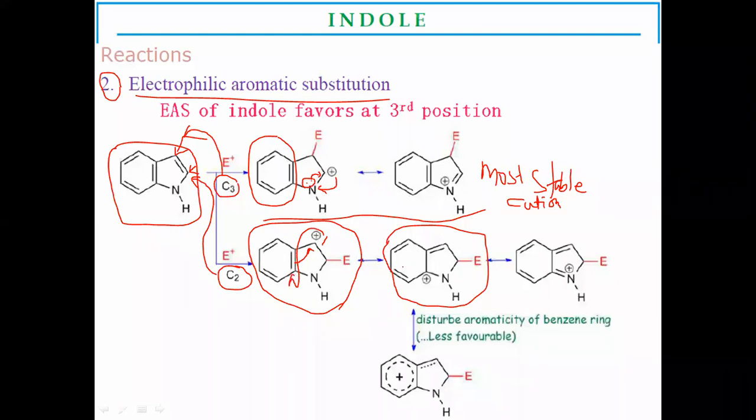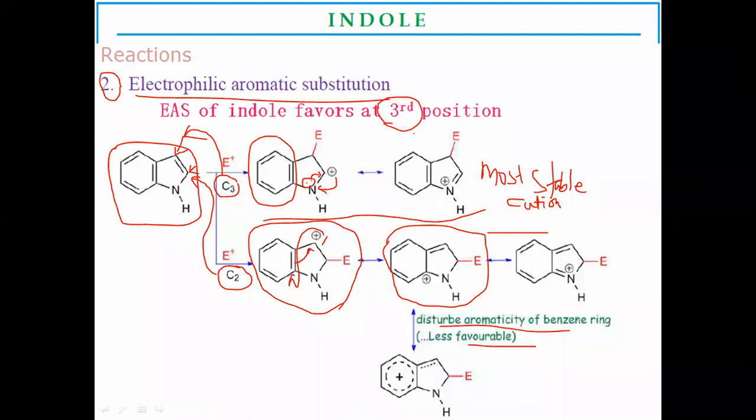So there is a disturbance in the aromaticity of the benzene ring. So this is a less favorable electrophilic substitution because there is a disturbance in the resonance structure with the aromatic ring. So the most favorable position for electrophilic substitution on indole is the C3 position, or third position.